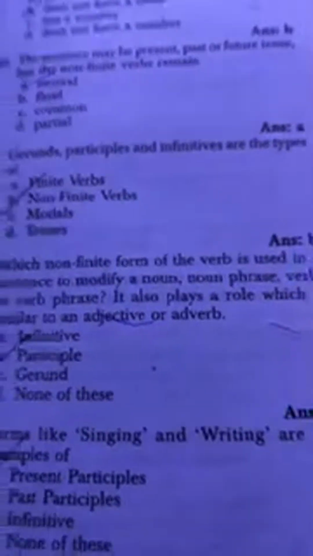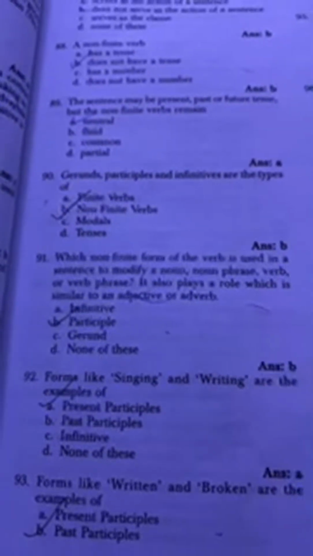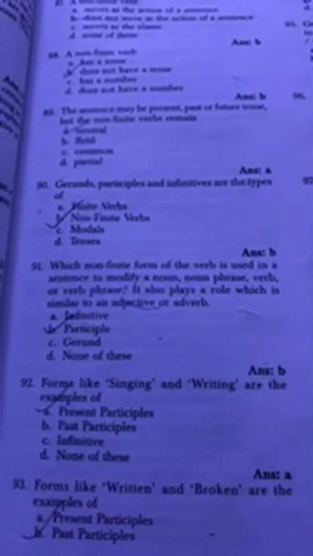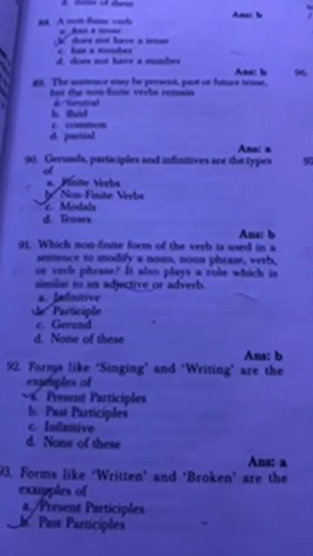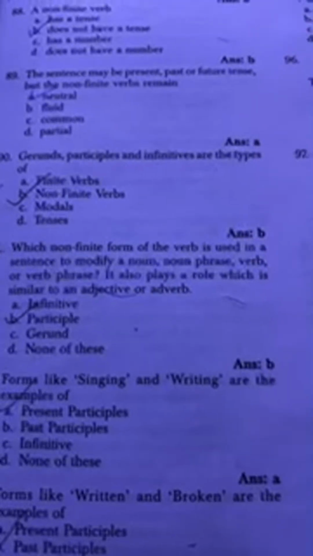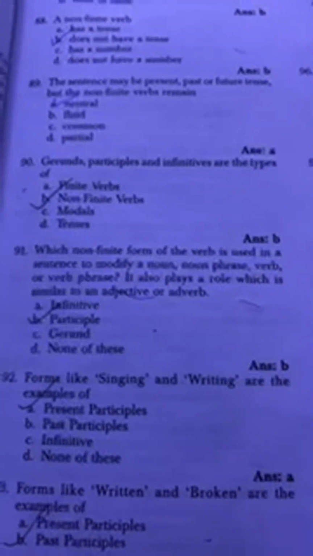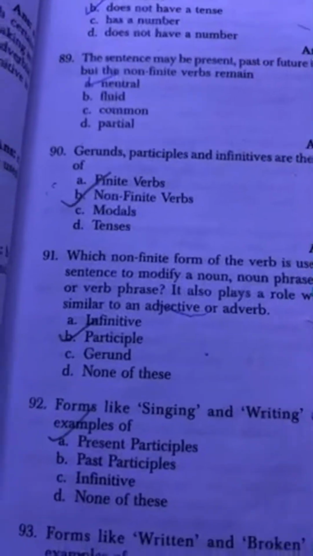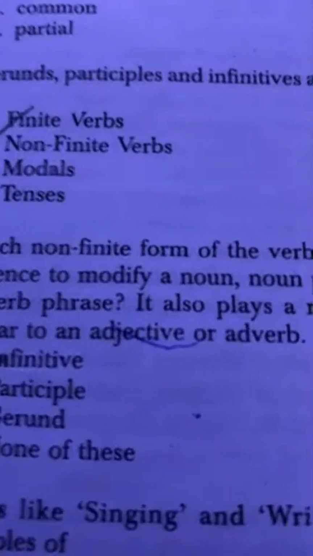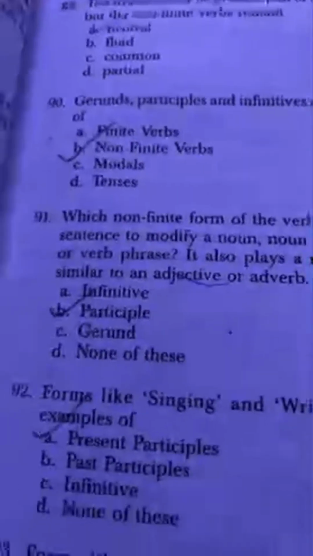Which non-finite form of verb is used in a sentence to modify a noun phrase, verb, or verb phrase? It is your participle. And participles again are of two types: present participle and past participle.